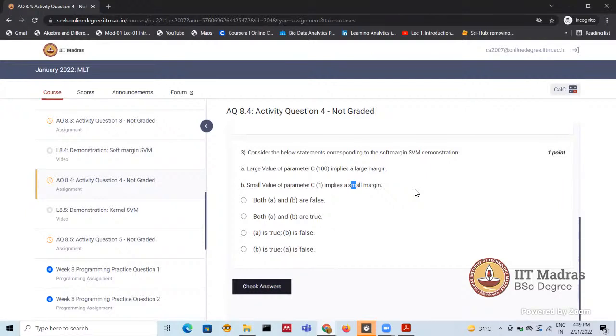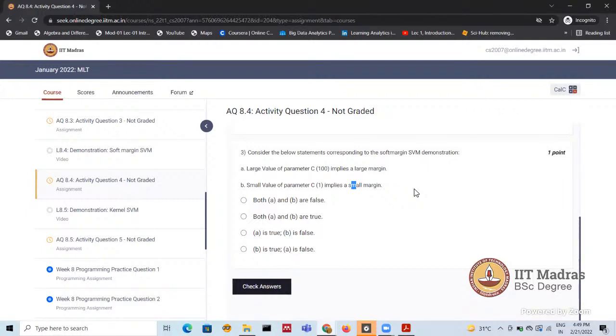No, why are you saying that we are doing more? Because in a tighter margin, you are perfectly separating most of the points: positive points will be on the positive side, negative points on the negative side. But if the margins are increasing, the positive points may fall into the margin band and thereby get misclassified, right?